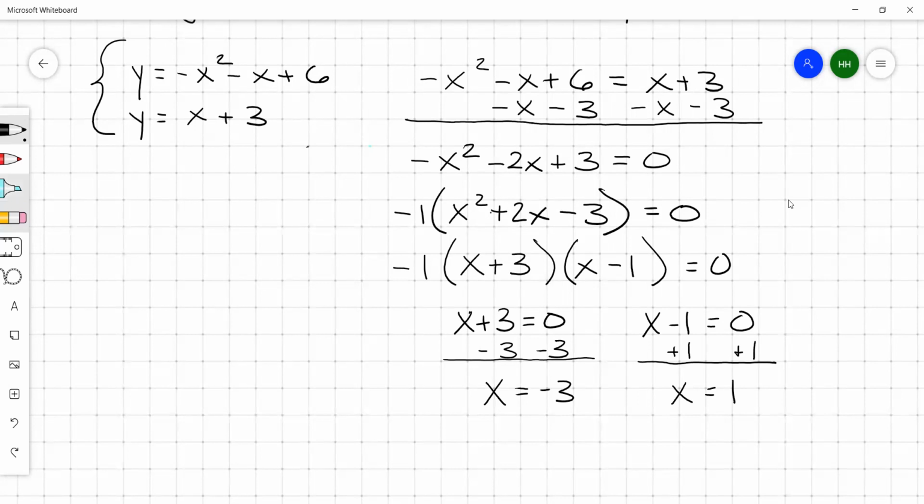So you go back to this simplest equation here, the y equals x plus 3. And that's where you're going to substitute this negative 3 and this positive 1. So we take y is equal to negative 3 plus 3.